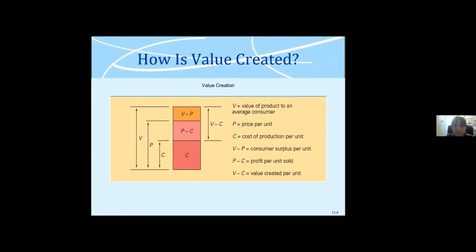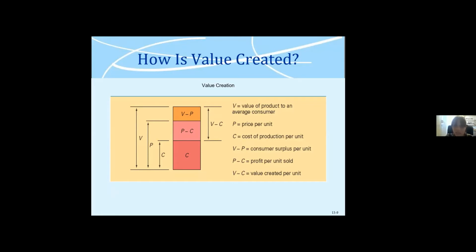A company can create more value, the difference V minus C, either by lowering production costs or by making the products more attractive through superior design, styling, features, after-sales service, and so on, so that customers place a greater value on it and consequently are willing to pay a higher price for that product or service. So a firm has profit when it creates more value for its customers, and also at a lower cost.